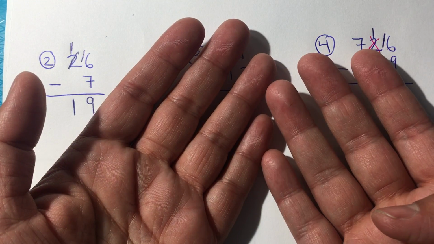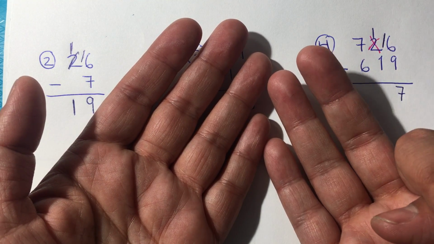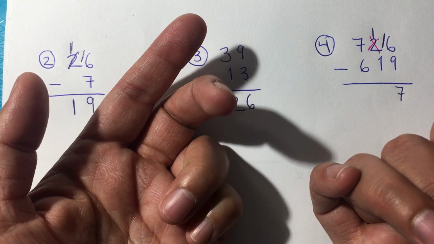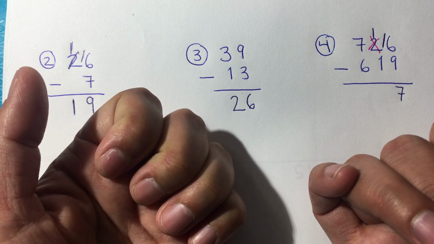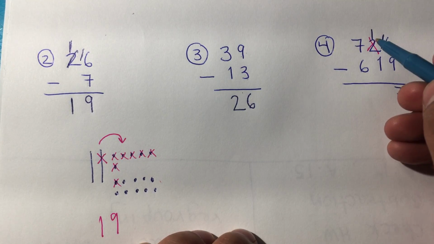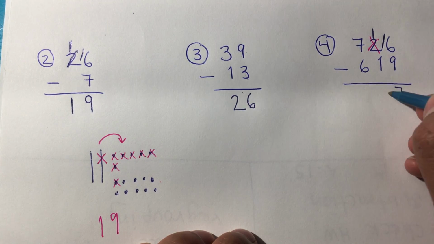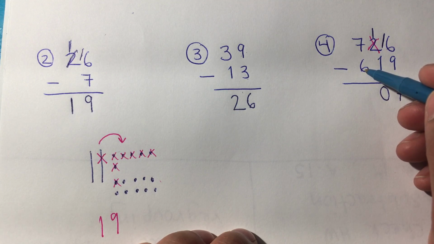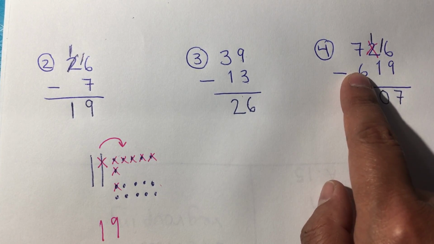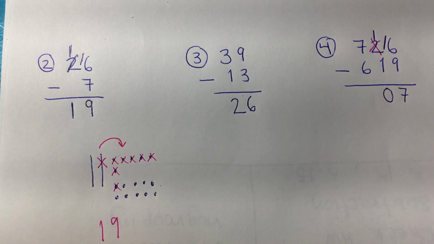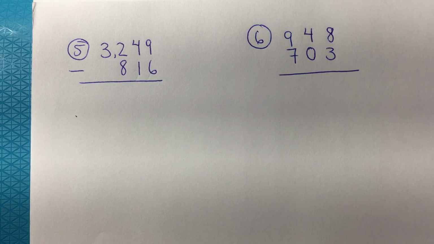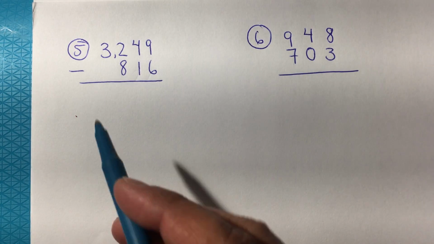Or you can count 16 minus 9, 16, 15, 14, 13, 12, 11, 10, 9, 8, 7. Okay, 7. 1 take away 1, you get 0. 7 minus 6, so 6 to 7, if you are counting up, is 1. So 107.